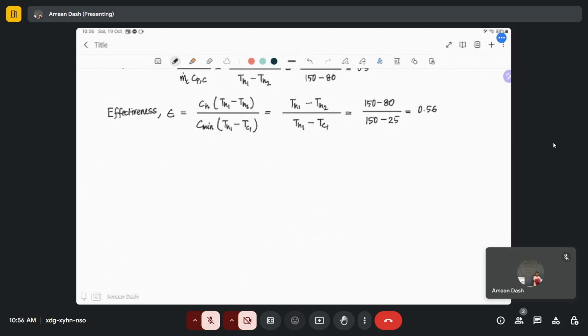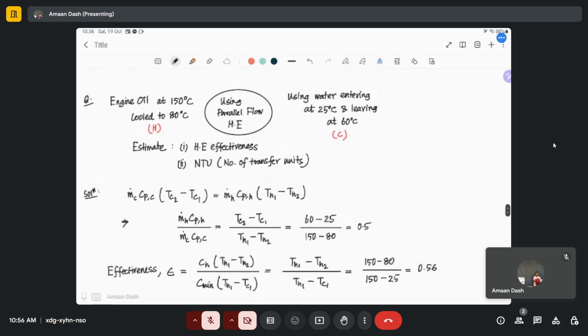Now, to calculate NTU, we can use this value of effectiveness. Okay. Now, in terms of the capacity ratio and the number of transfer units, we can write the expression for effectiveness for parallel flow heat exchanger.